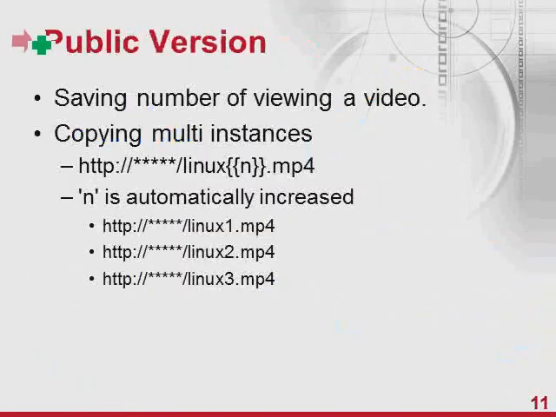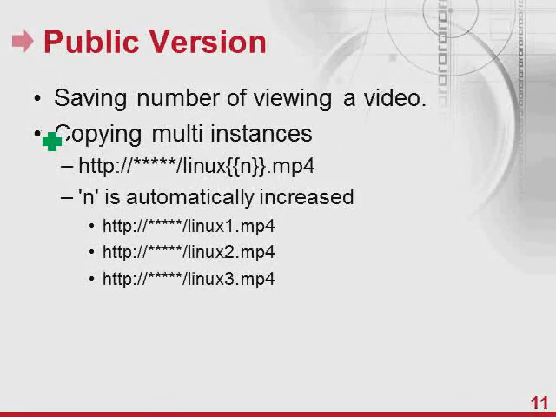Toshimi will be a better version for the public release. Before the public version, we want to add some functions, such as saving the number of video views for each student. We have many videos in our courses, so adding videos one by one through Toshimi is a time-consuming job. We are considering a multiple copy function for Toshimi.